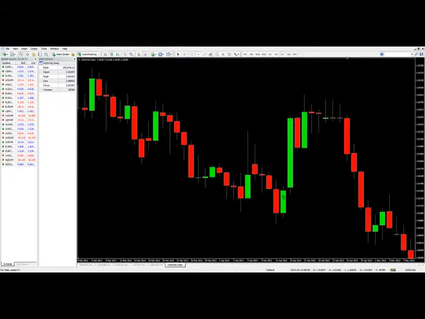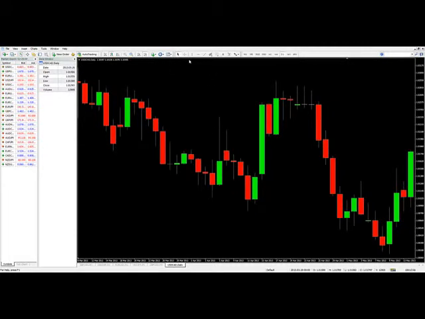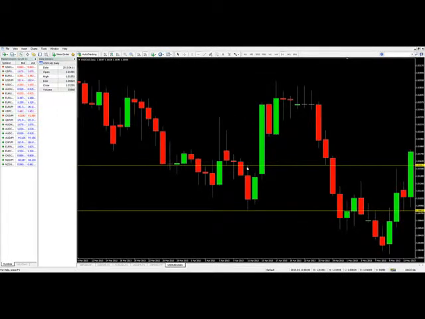But the very next candle, and this is especially true on daily charts and things of that sort, is the market squeezing down. It's moving back and forth in this little area right here. So we have a very unique situation. I'm going to go ahead and draw these horizontal lines at the top and the bottom of this particular candle.